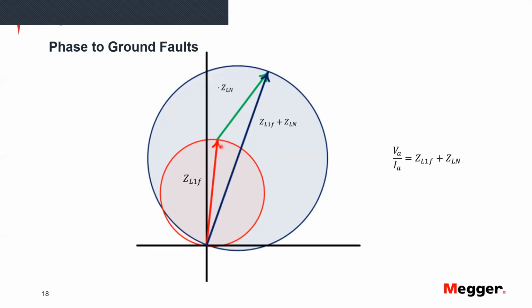We are looking for the impedance to the fault on the line, but we actually get the impedance of the ground loop. The impedance that is external and we don't want is the impedance of the neutral, but there's nothing we can do about it.